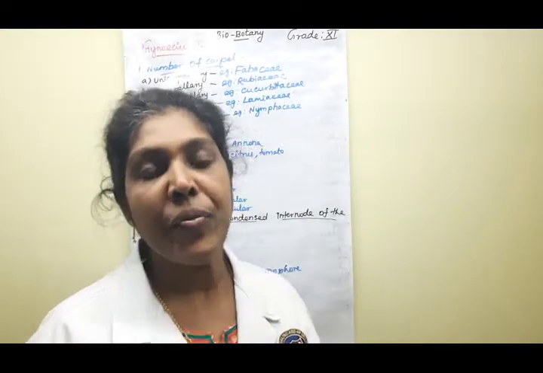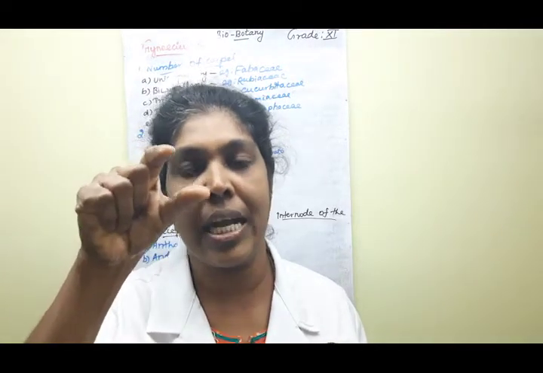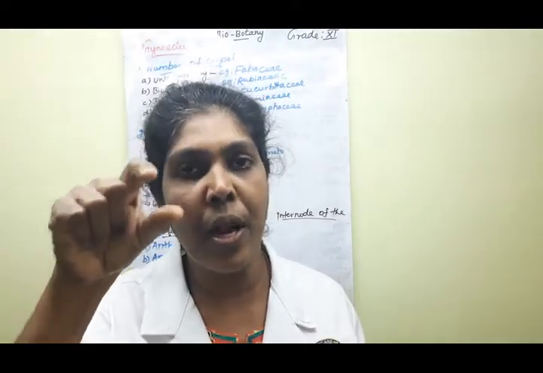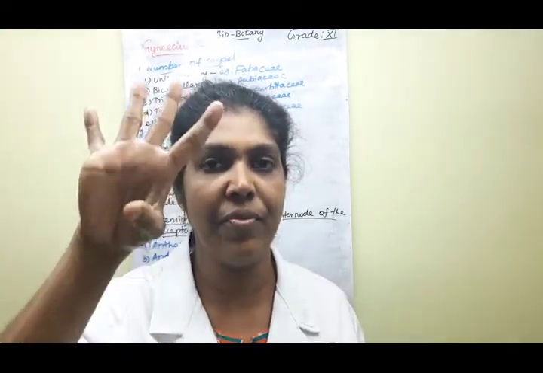These are the 4 types of the elongated extension, the condensed internodal parts of the thalamus.